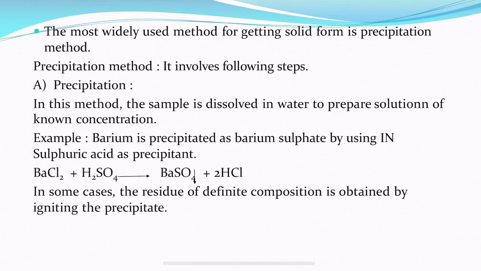The example I am going to explain here is the estimation of barium in barium chloride, with the help of precipitation, by converting barium chloride to barium sulphate. So, this is the experiment.